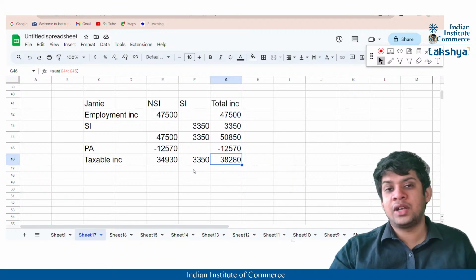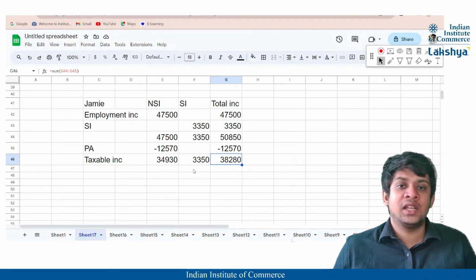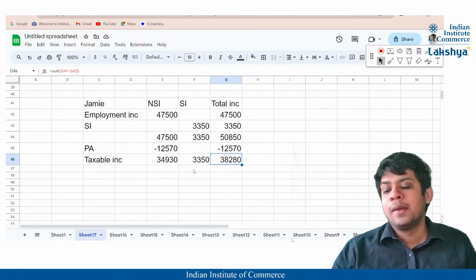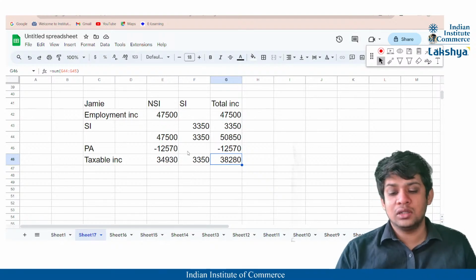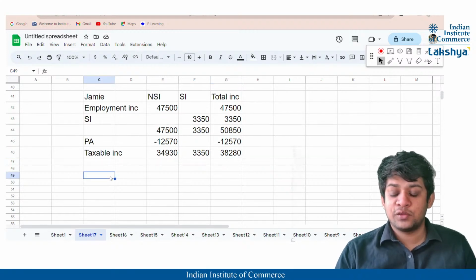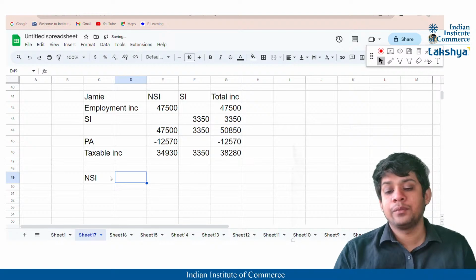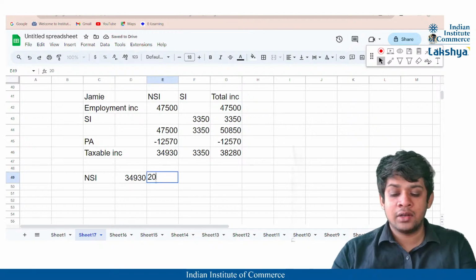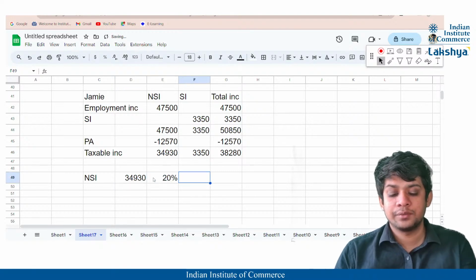Now here there is a little bit tricky, so just focus, guys. If in case you all do not find it tricky, well and good, but if you don't focus correctly, then you might be confused with it. So let us firstly calculate the non-savings income. My non-savings income is 34,930, correct? So on that, I will first charge 20% tax.